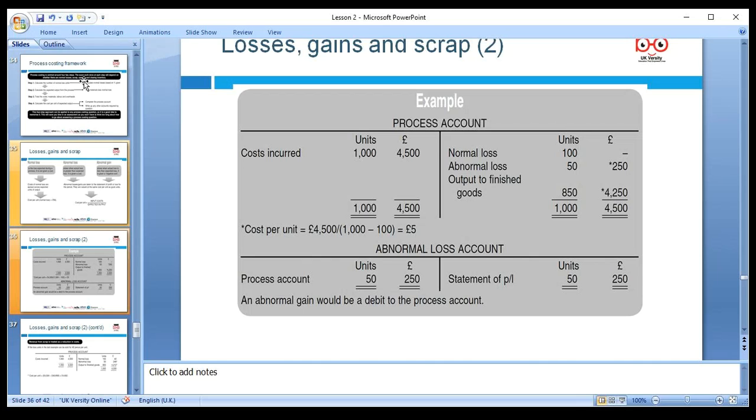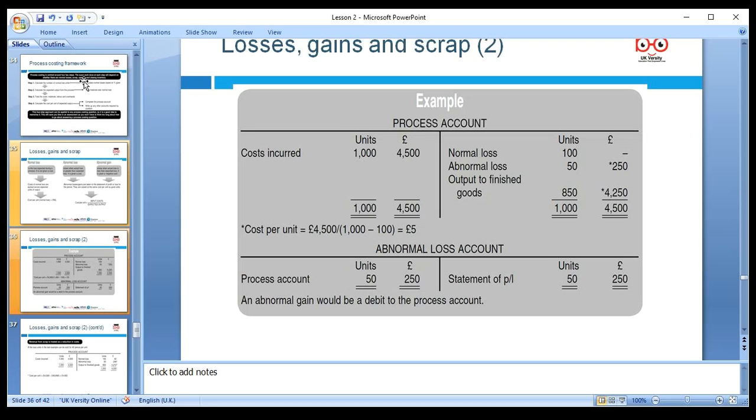So we can calculate the cost per unit. Like here, if we look, 1,000 units we want to make, that should be costed. So how much are we expecting as normal loss? It is 100 units. So 1,000 minus 100, so £4,500 divided by 900, it should cost us £5. But actually what happened is we produced 850 finished goods.